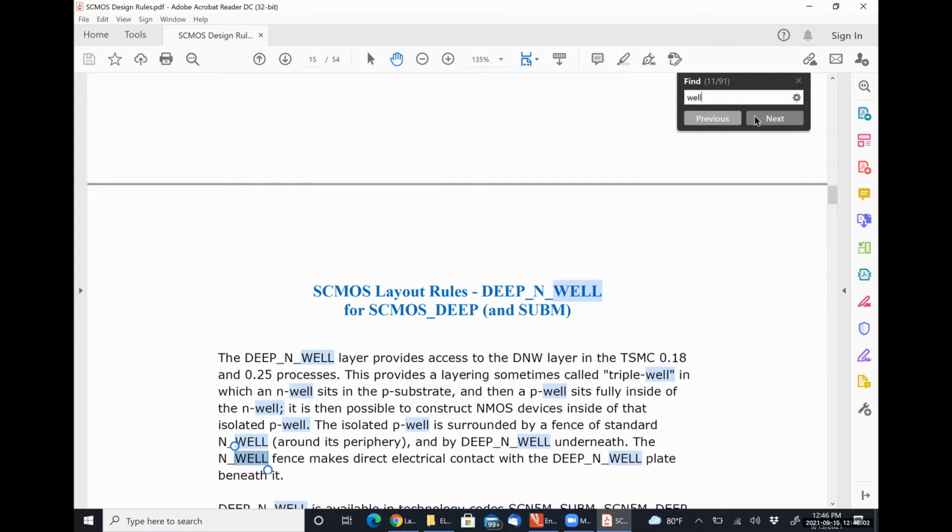There's 91 instances of it, so that's not going to help anything. I believe this is rule 1.1. Yep. All right.